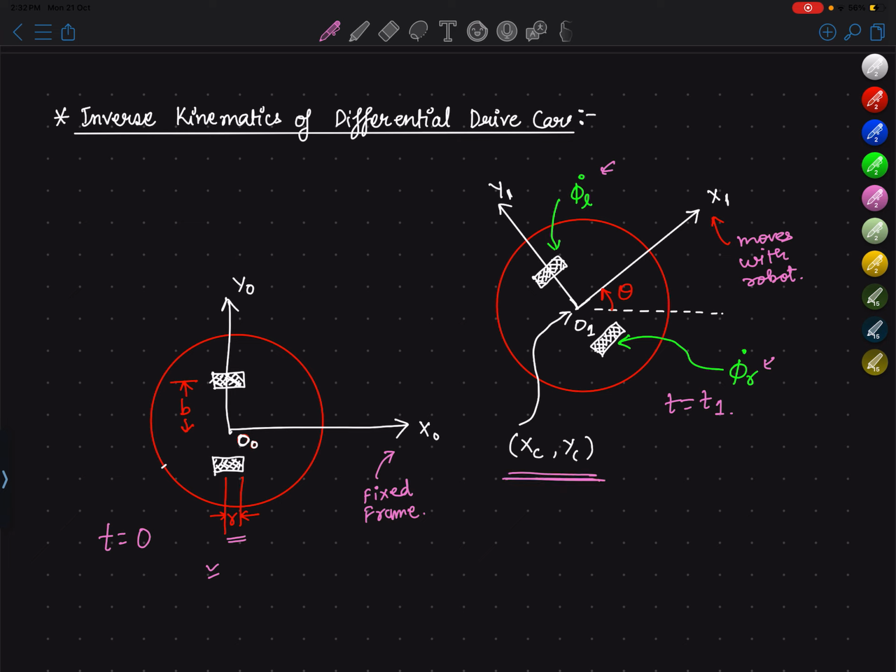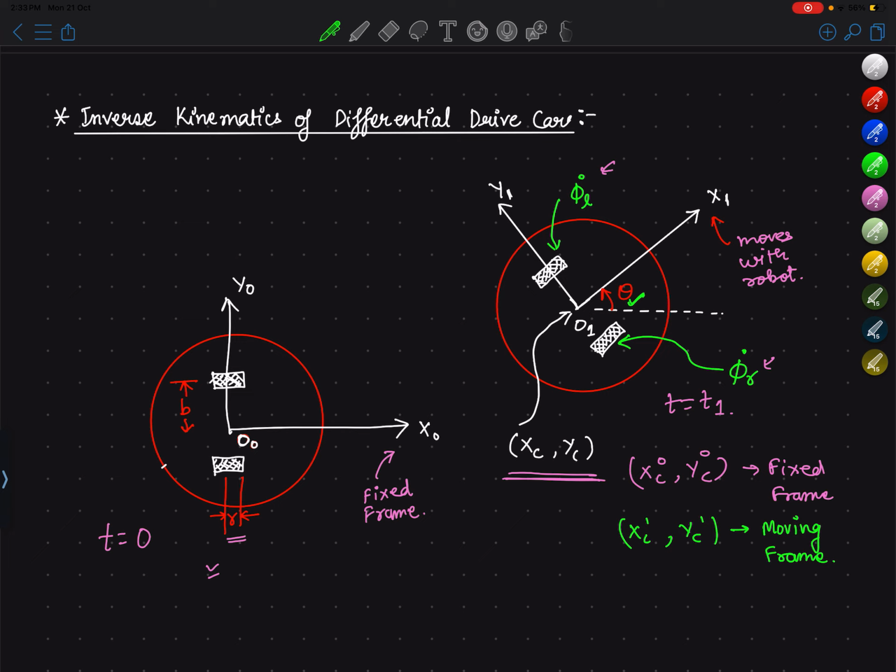It can be represented in the fixed frame as xc naught comma yc naught, and it can be represented as xc1 comma yc1 in the moving frame. The robot has rotated by an angle theta and moved to a new point xc and yc.